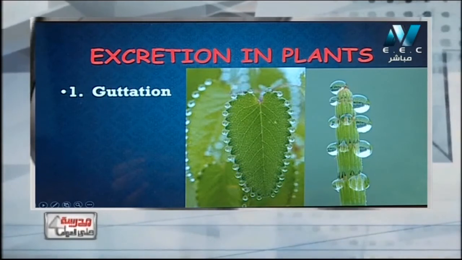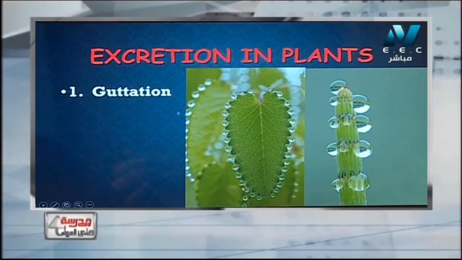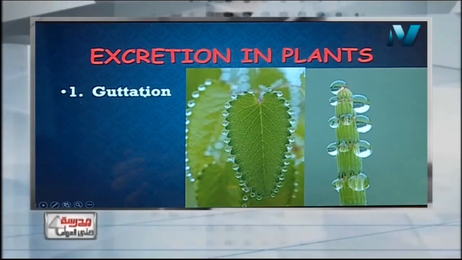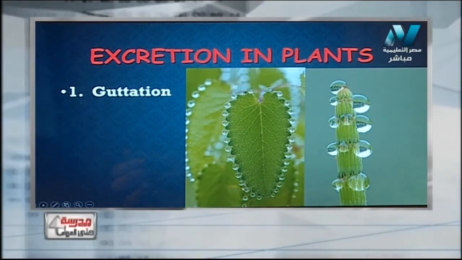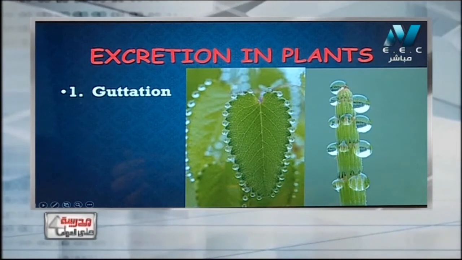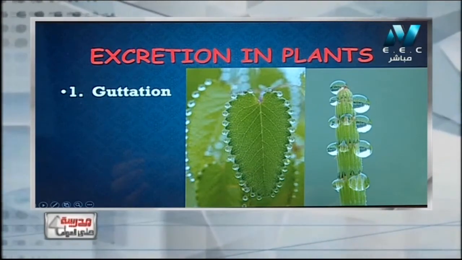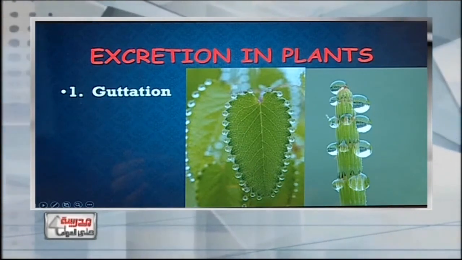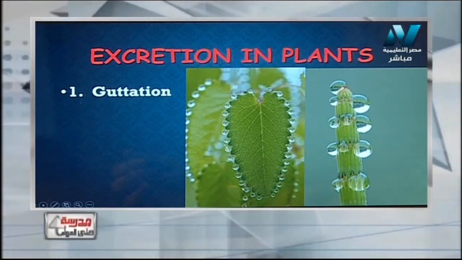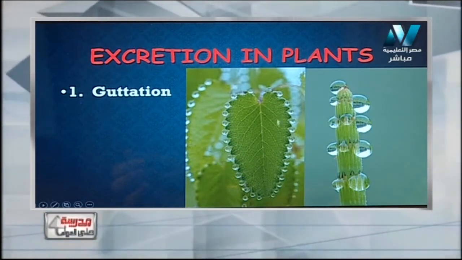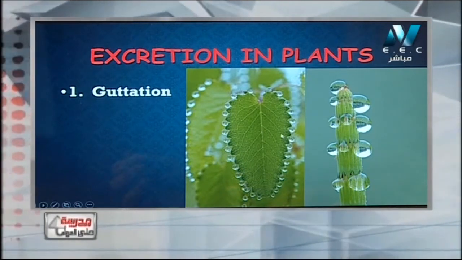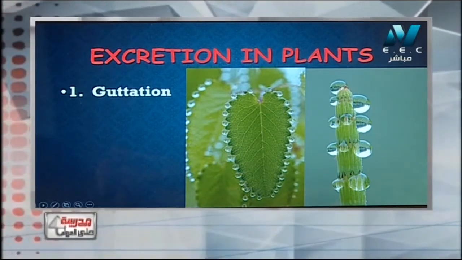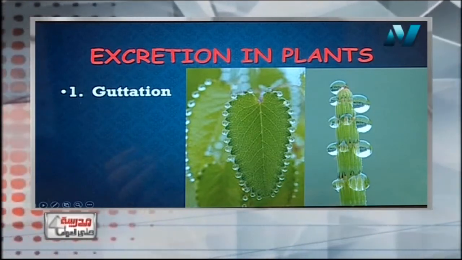This picture, or these pictures, show what guttation is. Can you notice the drops of water at the edges of this leaf or this one? Yes, these droplets of water, of course, are liquid water, not water vapor, not in the form of gas. They are liquid.